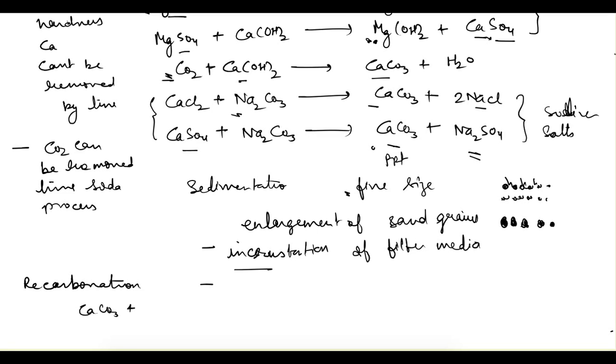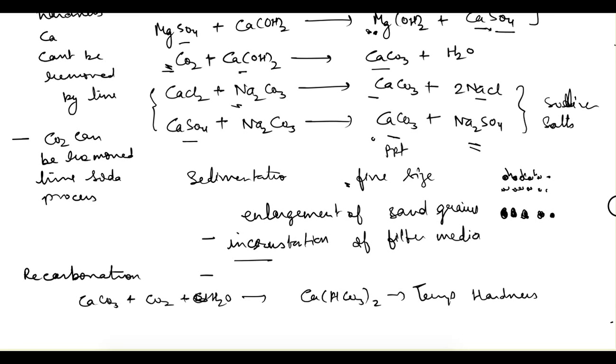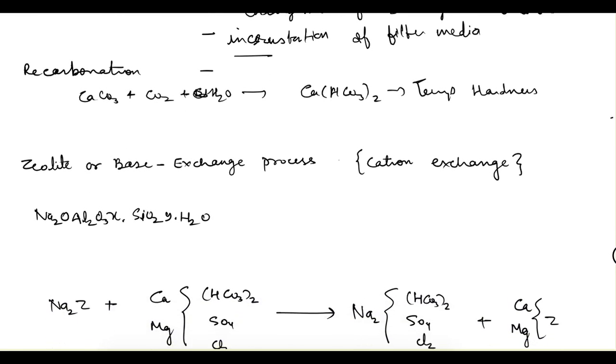This reaction takes place: CaCO3 plus CO2 plus H2O gives calcium bicarbonate. That is, some temporary hardness is added to the water, but it is still done, because otherwise incrustation of filter media or distribution pipes can happen. To avoid that, recarbonation of water is done in the lime soda process.